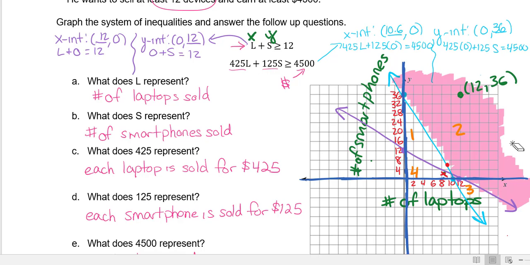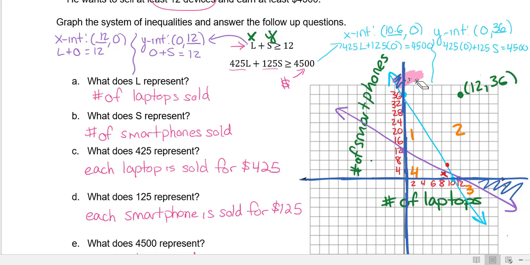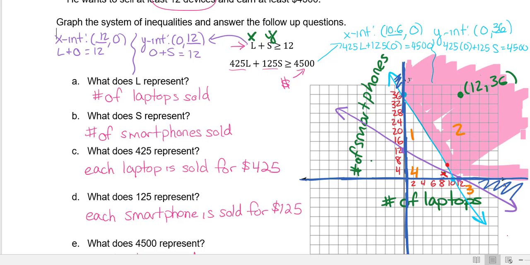So I'm going to change some of my pink shading to not include this little area down here or that little area up there. So again, one more time, my final answer can only be in this first quadrant. We have some boundaries here. That just makes sense for the problem. Again, you might have already thought about that, but that is the official crazy system of equations. It's technically 4 equations in one system.